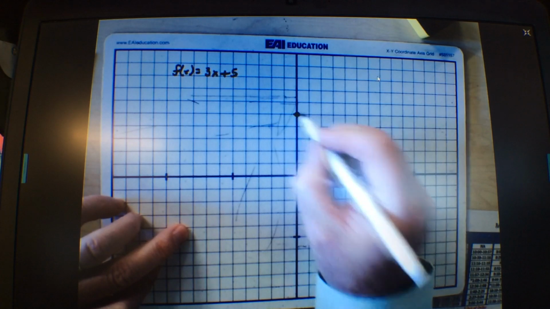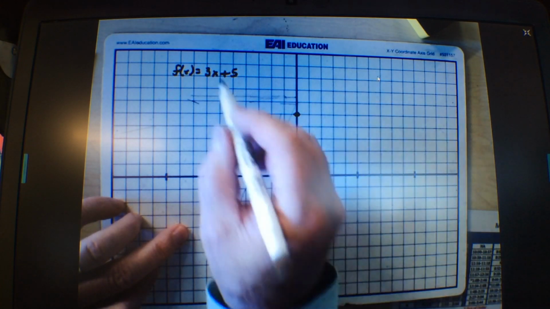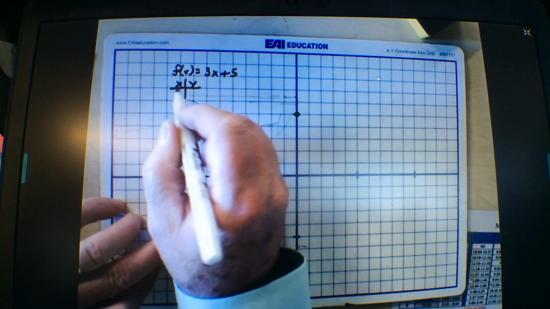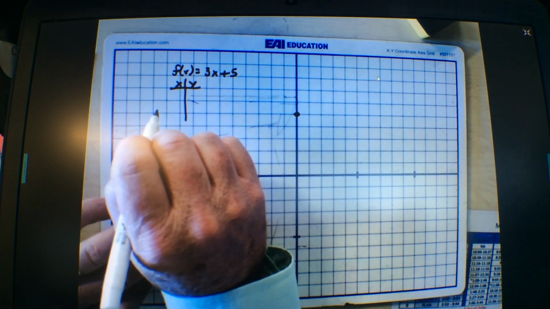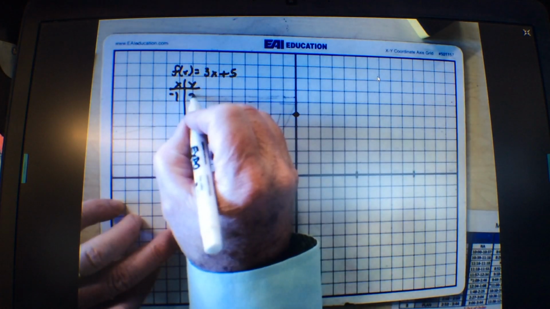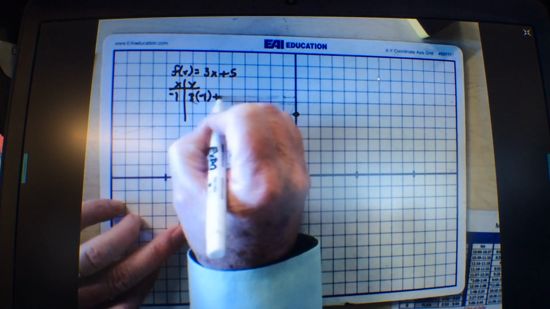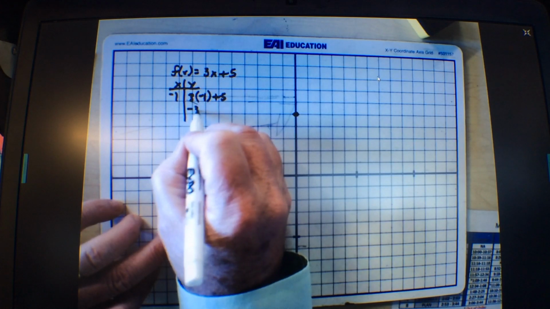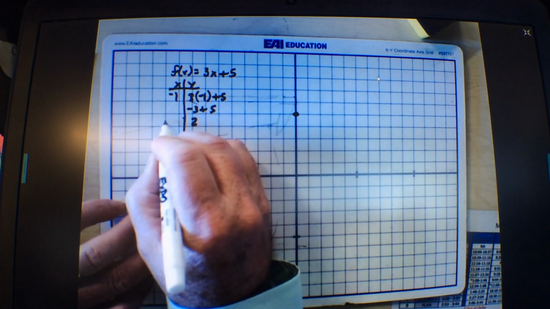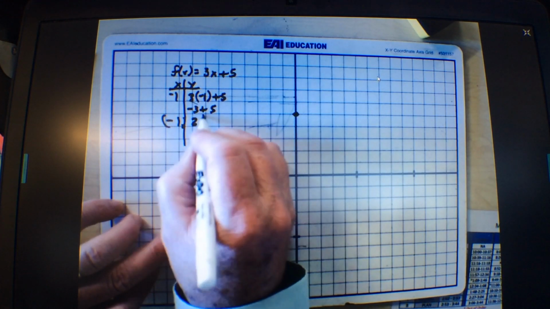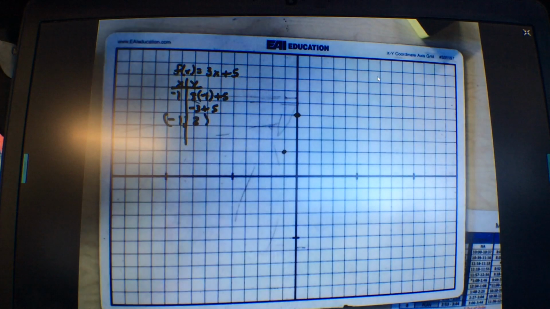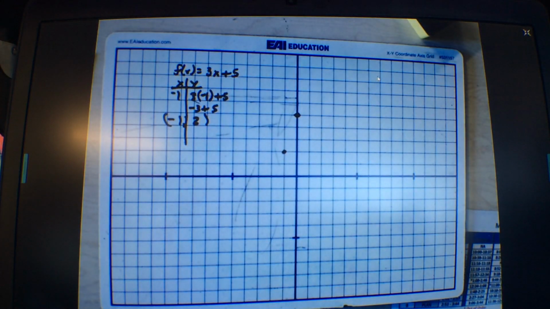Does everybody know where that comes from? Right? And then I'm going to put in, what do you want to put in? What if I put in a -1? I'm going to put a negative number in. So I have 3 times -1 plus 5, which is -3 plus 5. What is -3 plus 5? 2. So I have the point (-1, 2). Does everybody see that? So (-1, 2). Right? I have my 2 points. Are there any questions so far? Ask me if you have questions.